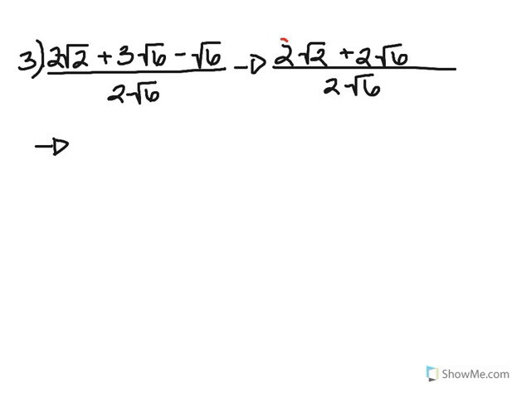You can cancel them. So here I see a 2 in this term, and I see a 2 here and here. So that means I can cancel all three of those. So this is the square root of 2 plus the square root of 6 all over the square root of 6.